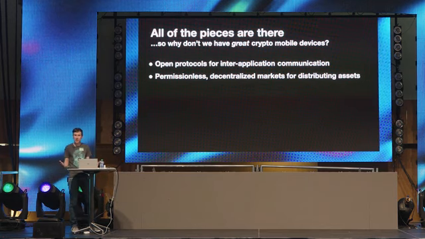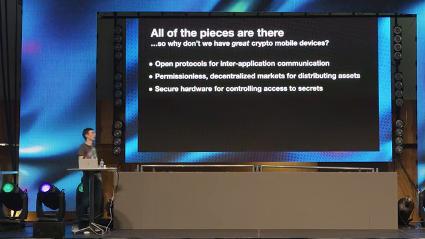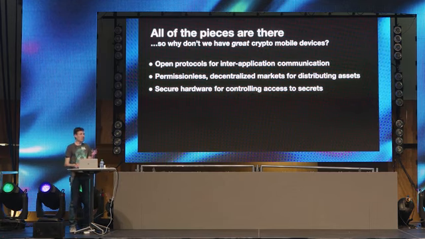What if an asset was just an app on your phone? And we also have secure hardware for securing secrets. If someone went and they took all of these pieces and intentionally built the ideal crypto mobile device and then put it in your hands, what would that look like?